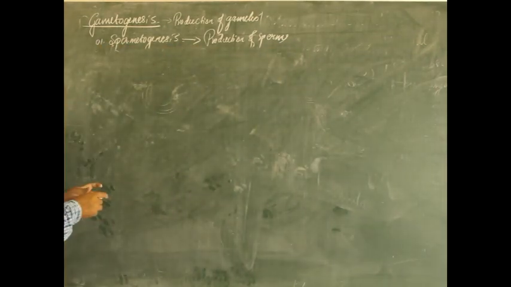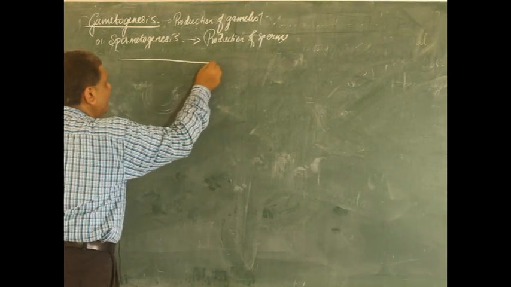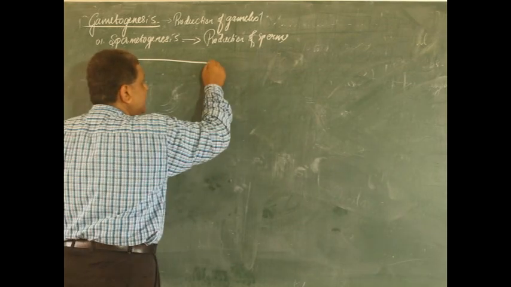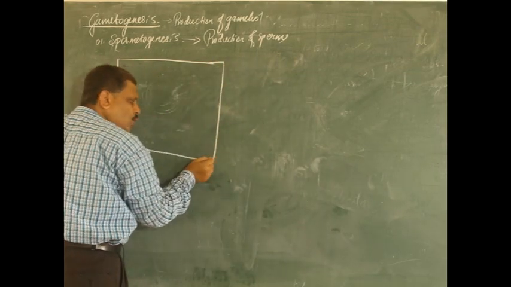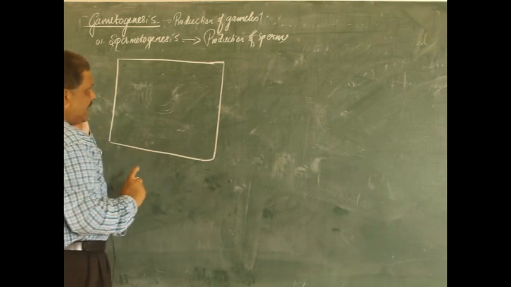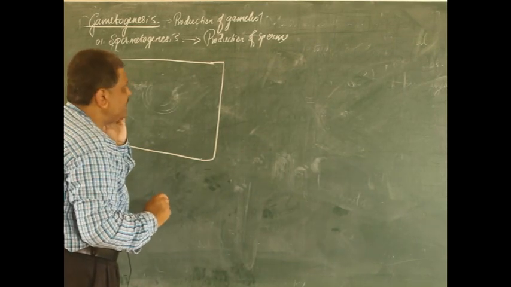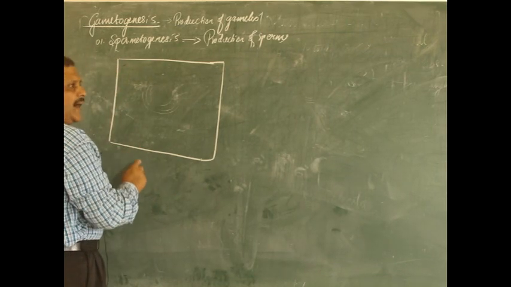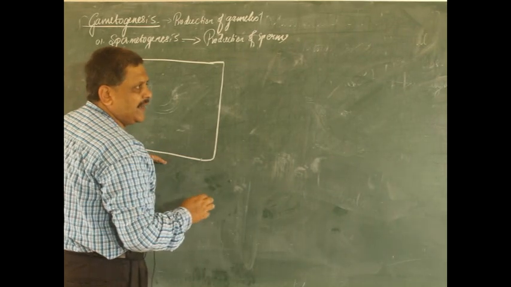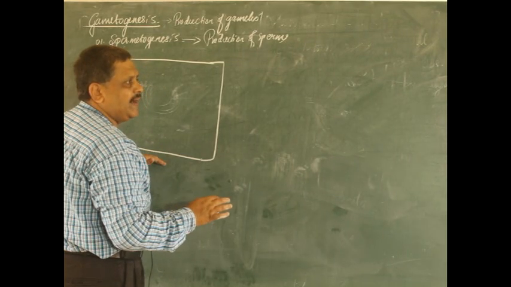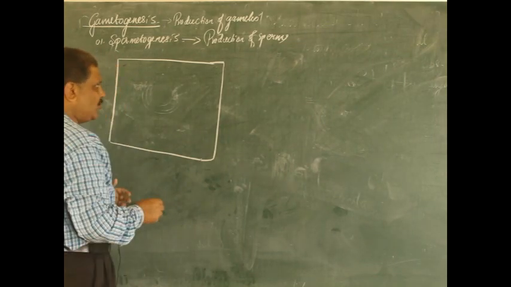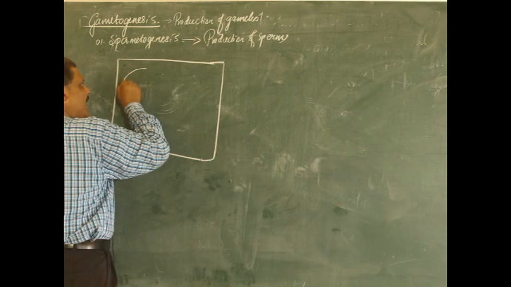If you take the section of the testis, you can observe it in your practical, you have this slide for observation, and it can be asked for 3 marks for identification. And in the theory part, in the board exam, they may ask a question like this: draw a neat labelled diagram of TS of testis and explain. So, if that is a question, then you should draw this diagram.